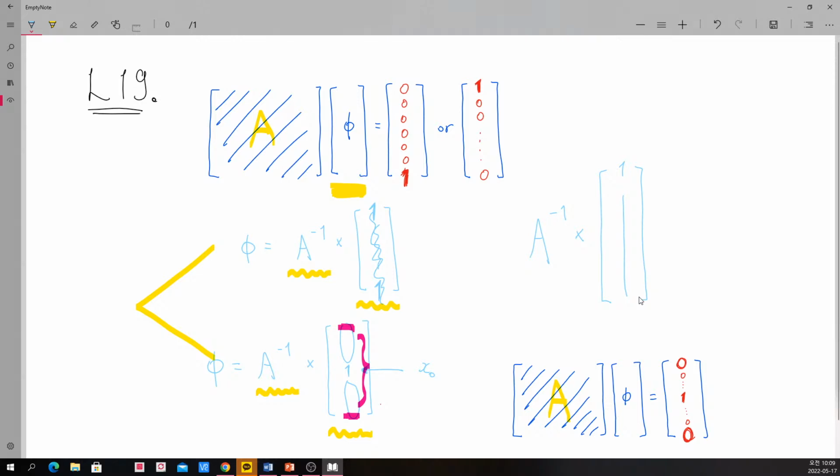This information can be obtained from this Laplace equation. And 0, 1 and all 0. How about this?